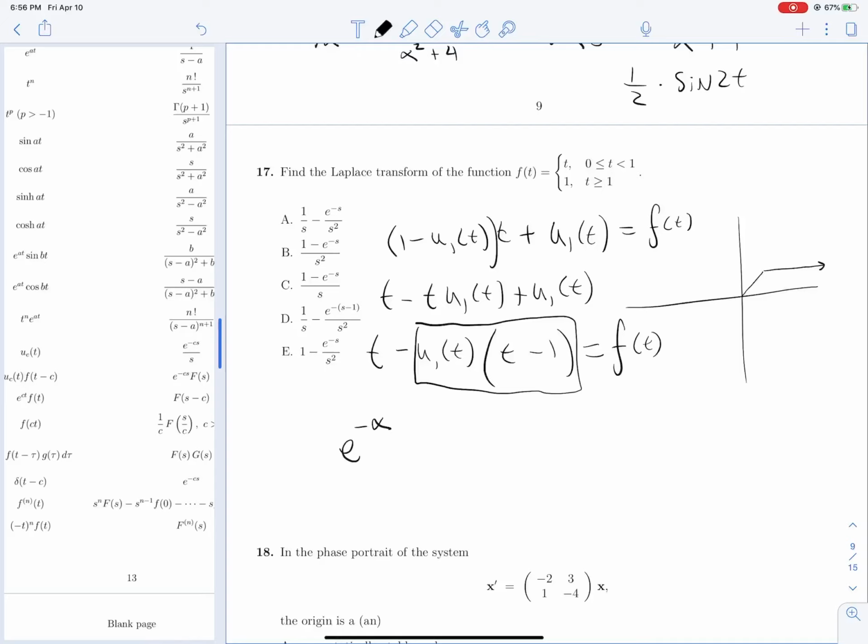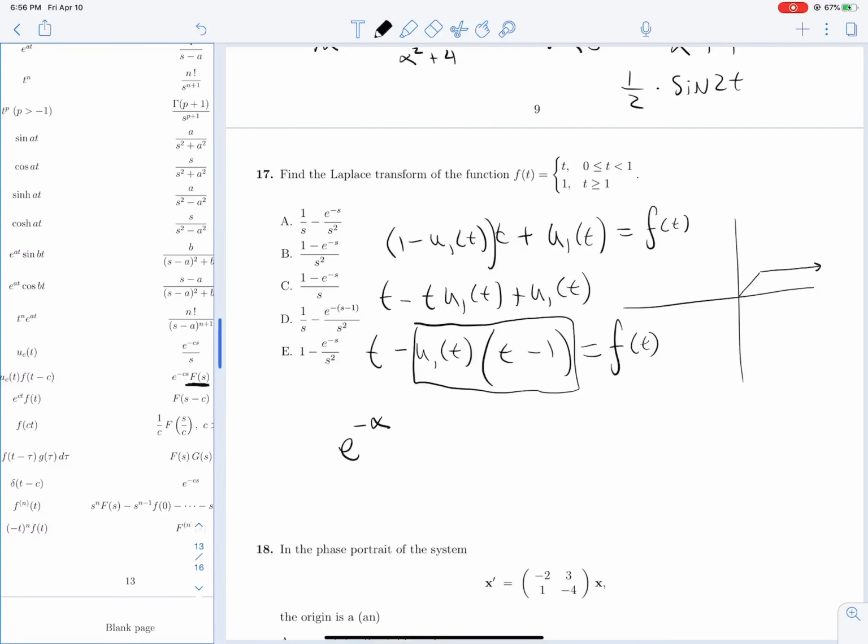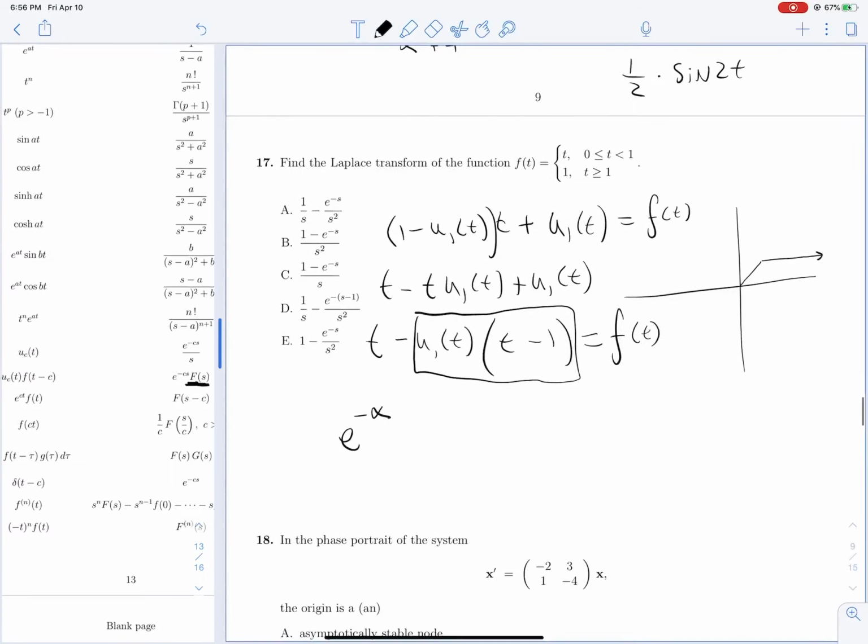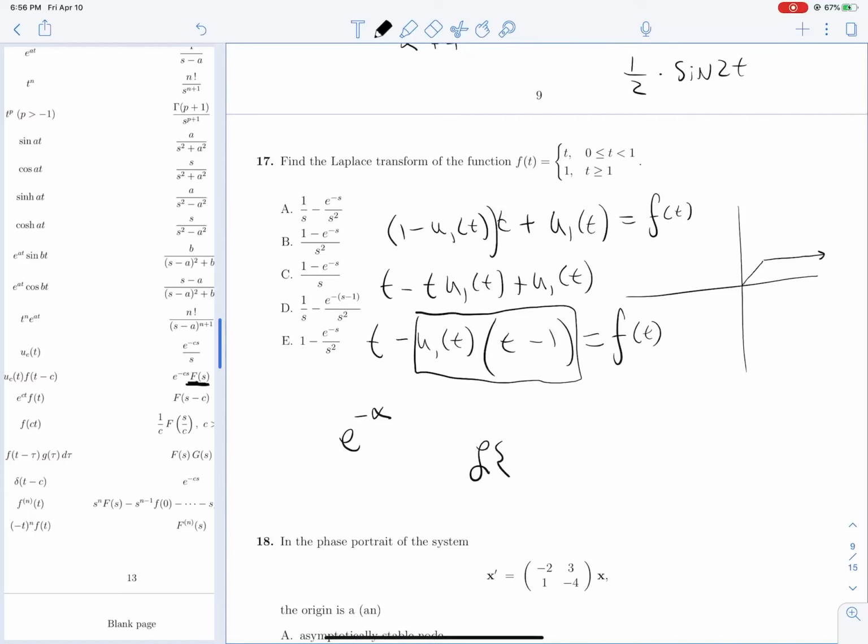And the Laplace transform of this function, f of t minus c, well, that's actually just going to be equal to the Laplace transform of the function f of t, because remember, the Laplace of f of t is what becomes capital F of s. So we ignore that negative 1 and we just take the Laplace of t. The Laplace of t is 1 over alpha squared.